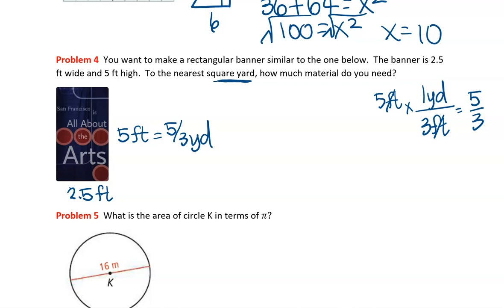We'll do the same thing with the 2.5. So 2.5 feet converted into yards would be 2.5 divided by 3, which is 5/6 yard.